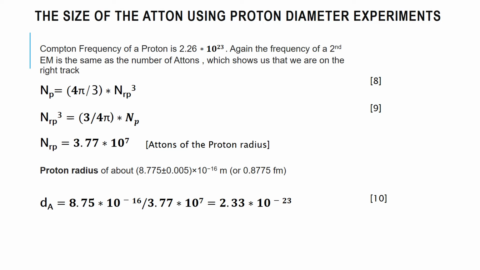And voila, we achieve 2.33 times 10 to the power of minus 23, which is exactly the same dimension that we obtain using the vacuum permeability, and thus the lowest wavelength of an electromagnetic wave. So we have now two methods that establish the diameter of the Atton.